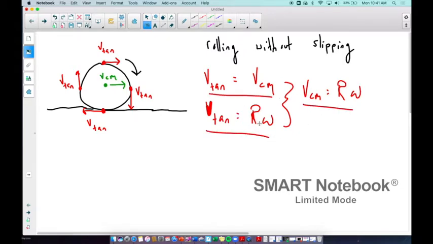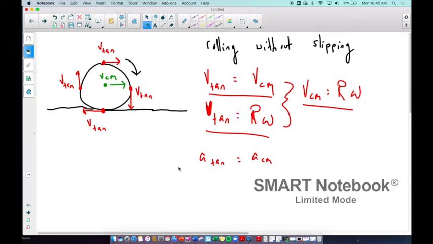You guys need to know that. These things are only true when there's rolling without slippage, okay? And not only is this true for velocity, but if this thing is also accelerating, if it's speeding up as it rolls without slipping, then the exact same thing is true for accelerations, that a tangential acceleration is going to be equal to the acceleration of the whole body itself. That's what I mean when I talk about the center of mass quantity, velocity or acceleration: the speed of the whole thing itself, or the acceleration translationally of the whole thing itself.